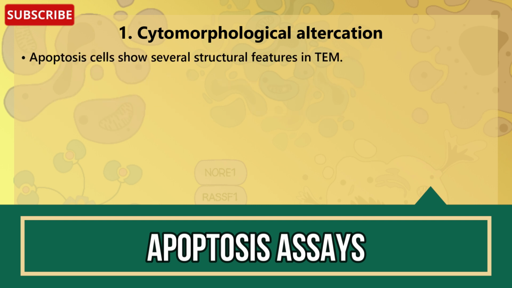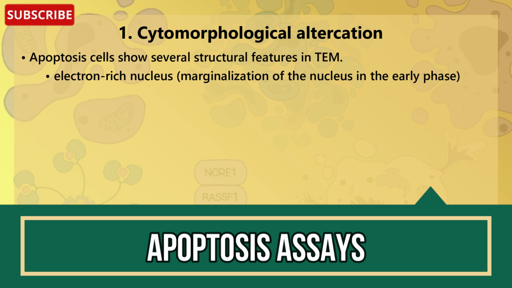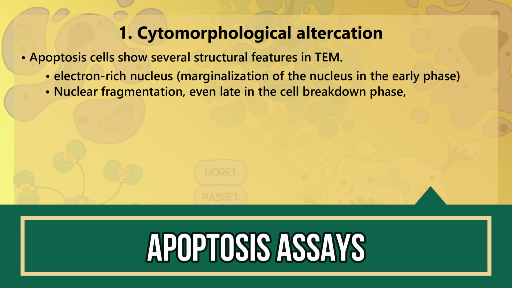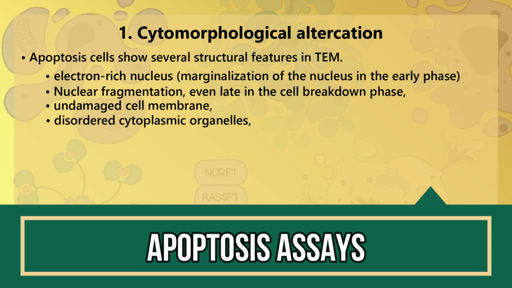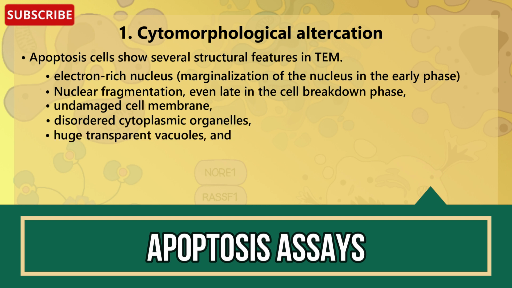Apoptotic cells show several structural features in transmission electron microscopy. Among these are an electron-dense nucleus, marginalization of the nucleus in the early phase, nuclear fragmentation even late in the cell breakdown phase, an undamaged cell membrane, disordered cytoplasmic organelles, huge transparent vacuoles, and phosphatidylserine at the cell surface.